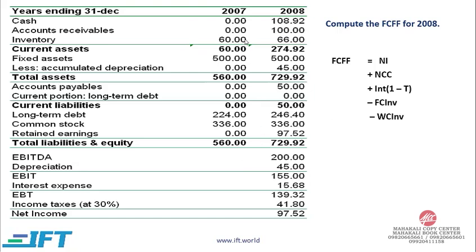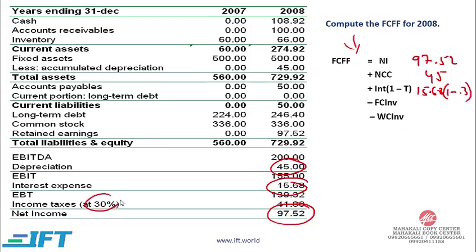Now, on this slide, I've actually put together all the relevant numbers. So this is the formula. Net income you pick up from here, 97.52. The non-cash charge in 2008 is the depreciation, which is you add 45. The interest expense is 15.68 into 1 minus 0.3. 30% is the tax rate.